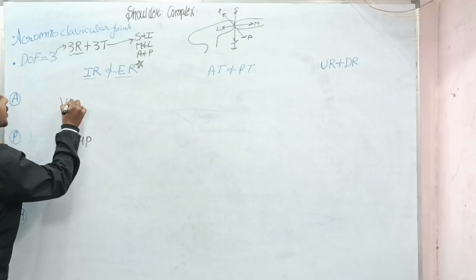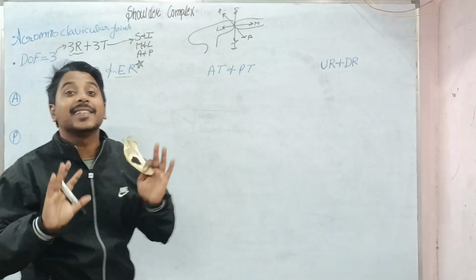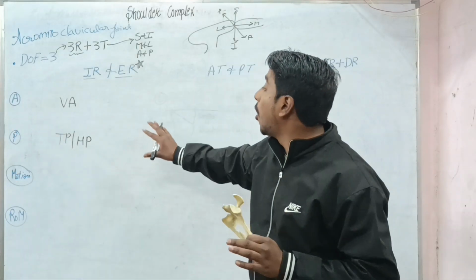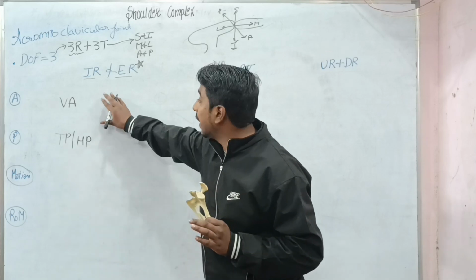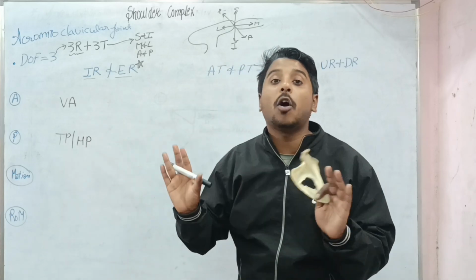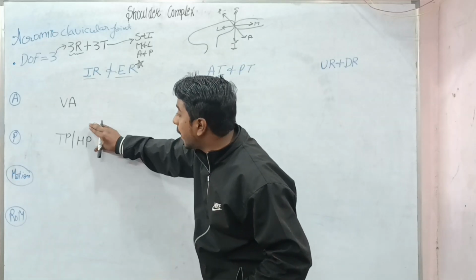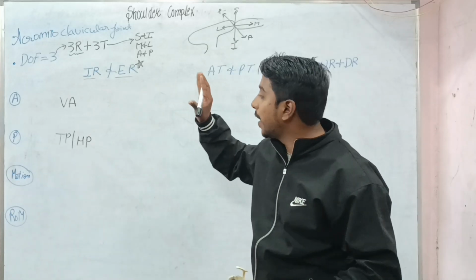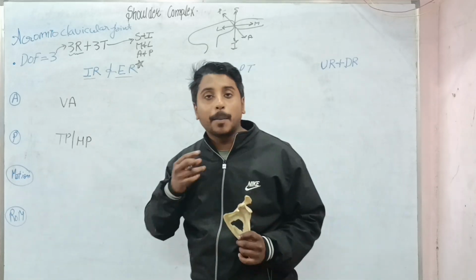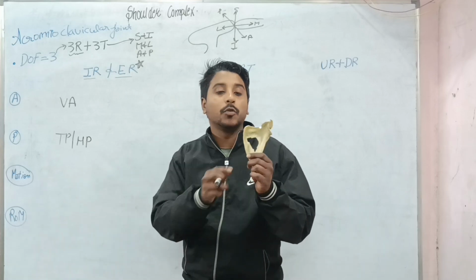So definitely the axis will be the vertical axis, not an oblique vertical or horizontal. Vertical axis and horizontal plane, they are not oblique, they are perfect and pure vertical axis and perfect and pure transverse plane or horizontal plane. Now how will you describe this motion?